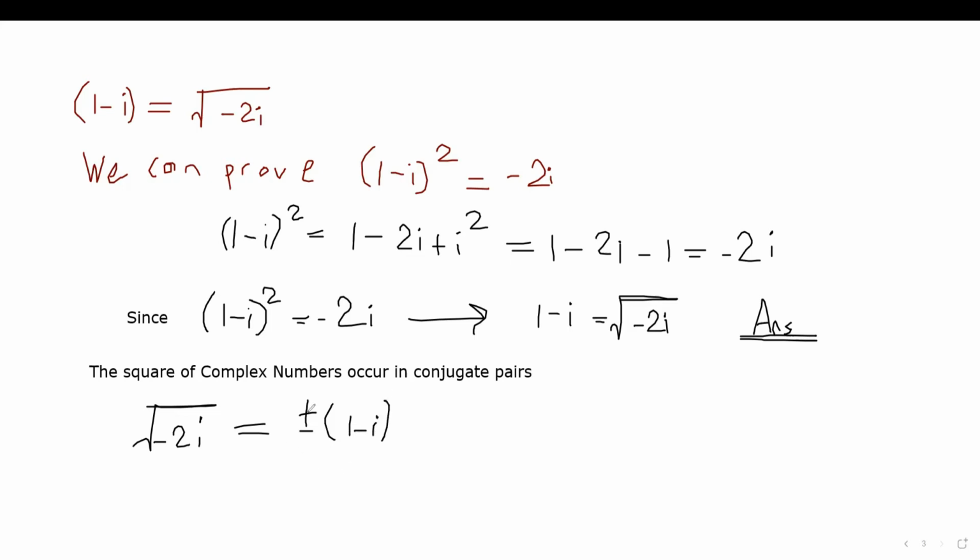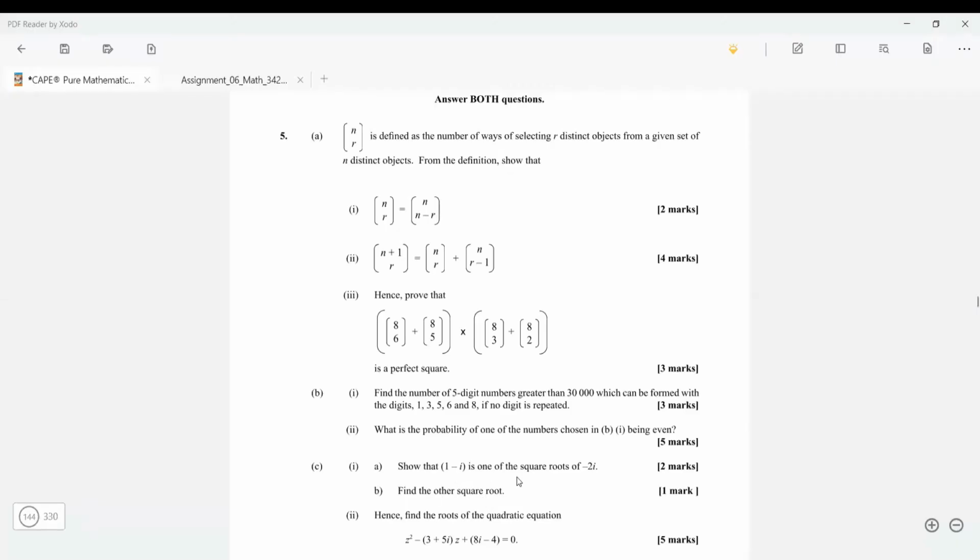So if you put the plus, one answer you get is 1 minus i, and the next answer you get is minus 1 plus i. So minus 1 plus i is the other root. That's all that is saying right there. Nice. So the other root is minus 1 plus i.